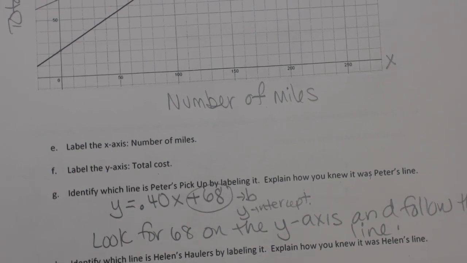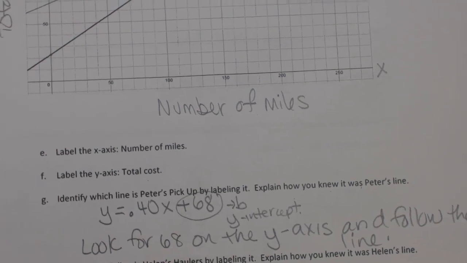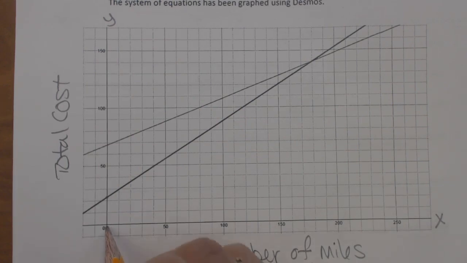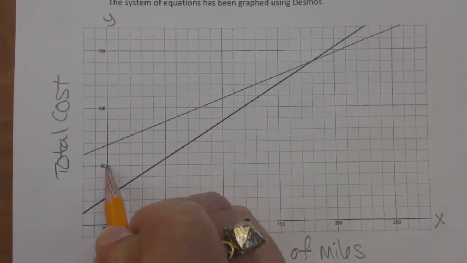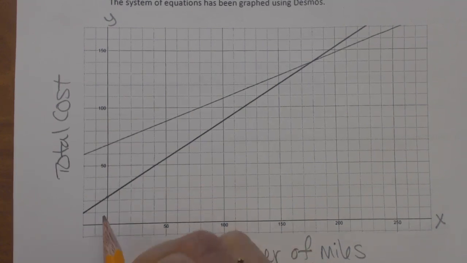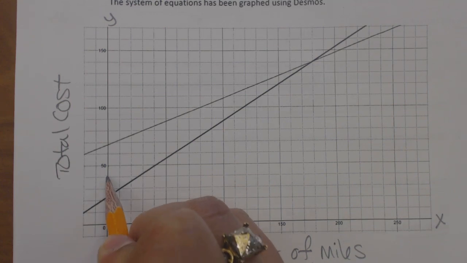So I'm actually going to tell you how I did it, and that's going to be explaining how we found it. So look for 68 on the y-axis and follow the line. So let's go. This is the y-axis here. Let's look at the numbers. This is 0. This is 50. So I'm wondering what they're counting by. Let's look at the little lines. I'm thinking they're probably counting by tens. So 0, 10, 20, 30, 40, 50.